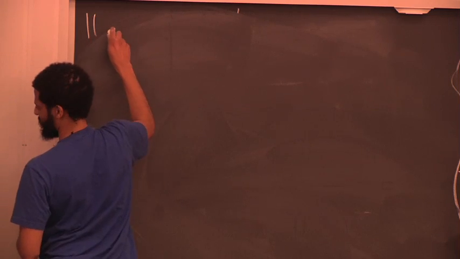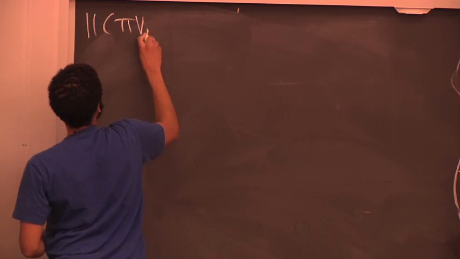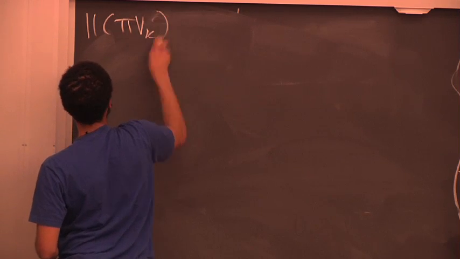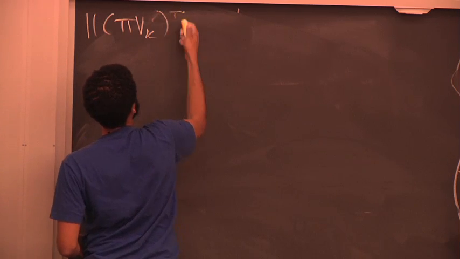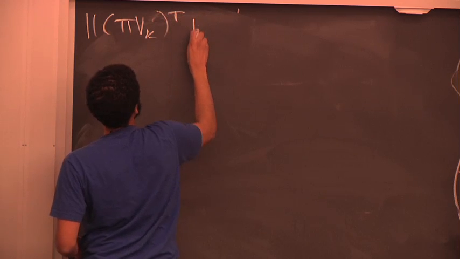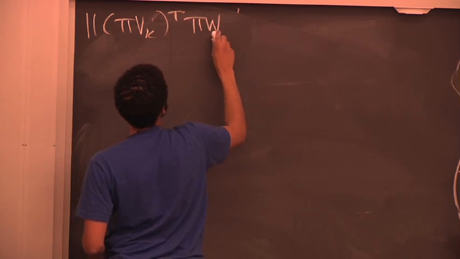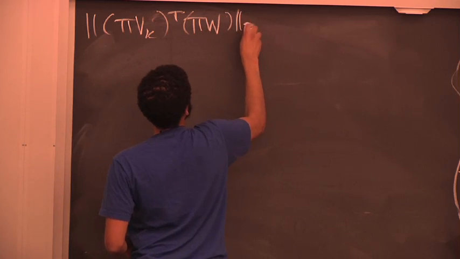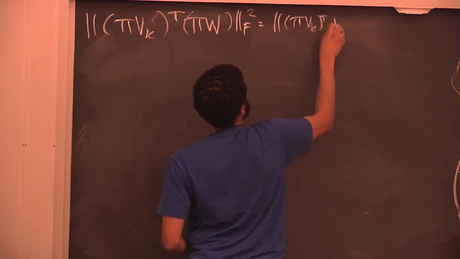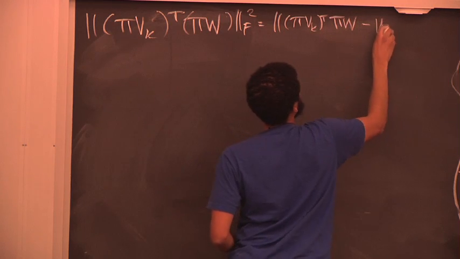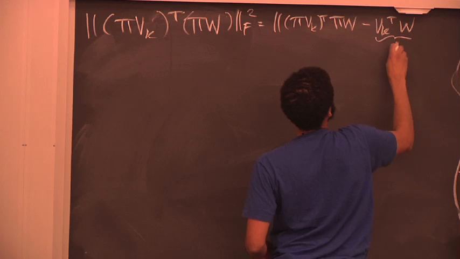Right, so pi vk transpose pi w is the same thing as pi vk transpose pi w minus vk transpose w, because this is 0.